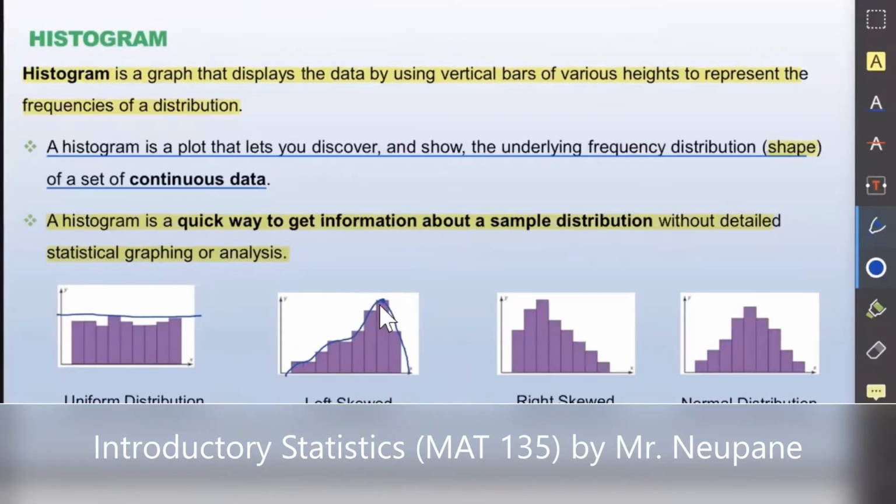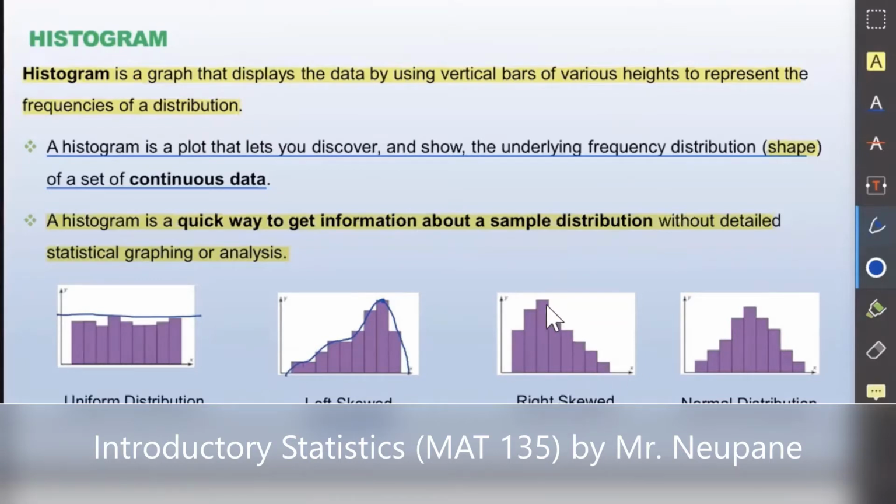That means this data has more smaller values. So this type of data in which the frequency distribution has longer tail to the left, it is called the left skewed. Sometimes the left skewed is also called negatively skewed. Let me write that. Negatively skewed, because it is more extended towards the negative numbers. Negative numbers are towards the left.